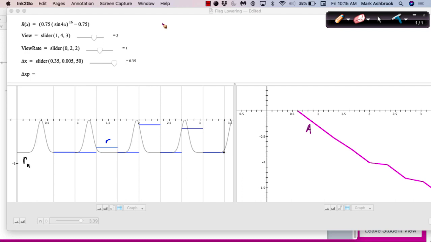So what we want to do is come up with a formula for the approximate accumulation function. To do that, we can pick a point here, time 2.15. What are the exact coordinates of that point on our pretend rate function?